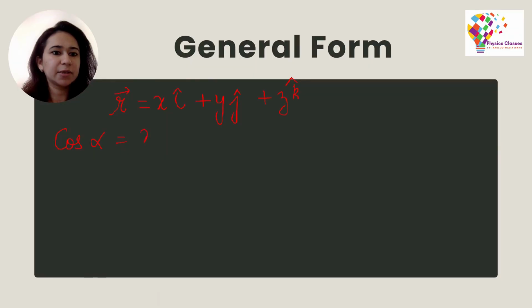magnitude of this vector. For any vector which is defined as x i cap plus y j cap plus z k cap, its magnitude would be equal to root of x square plus y square plus z square.